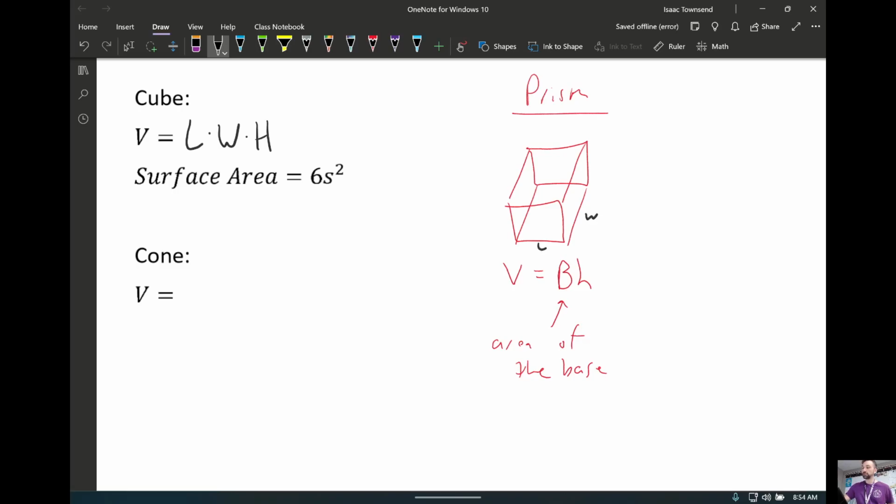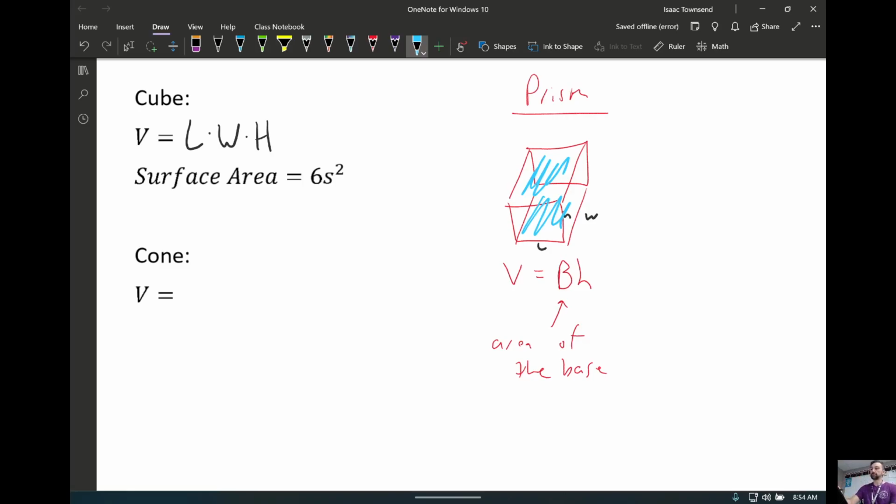The length times the width is like the area of the base, and then that gets multiplied by the height. So anytime a three-dimensional shape has two bases, sides that are parallel to each other like that, top and the bottom, it will be area of the base times the height. So whether it's a square prism, cylinder, whatever, it's got two bases, area of the base times the height.